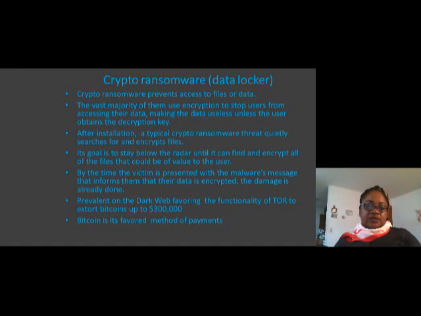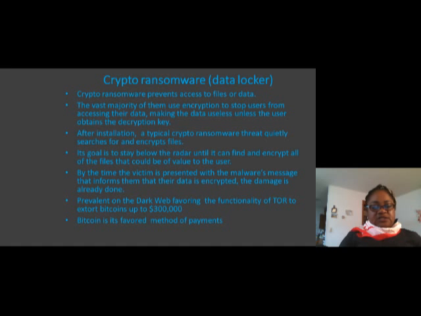Crypto ransomware is referred to as data locker. What it does is it prevents access to files or data, and the vast majority of them will use encryption to stop users from accessing the data, making your data useless unless the user obtains the decryption key.